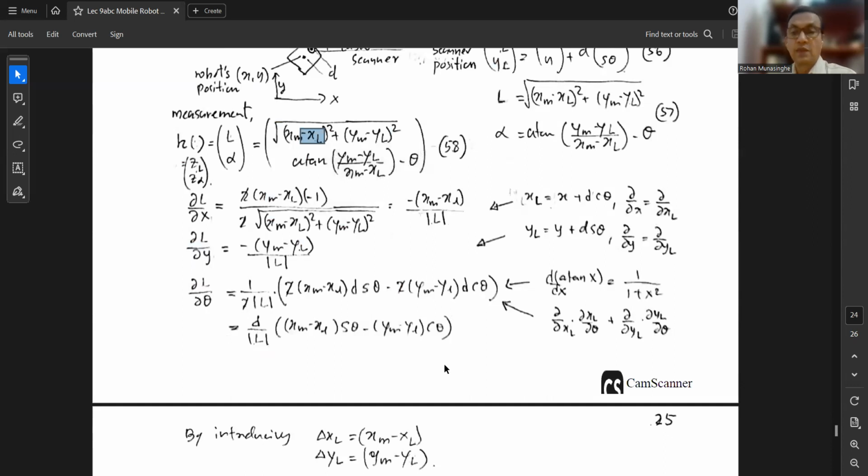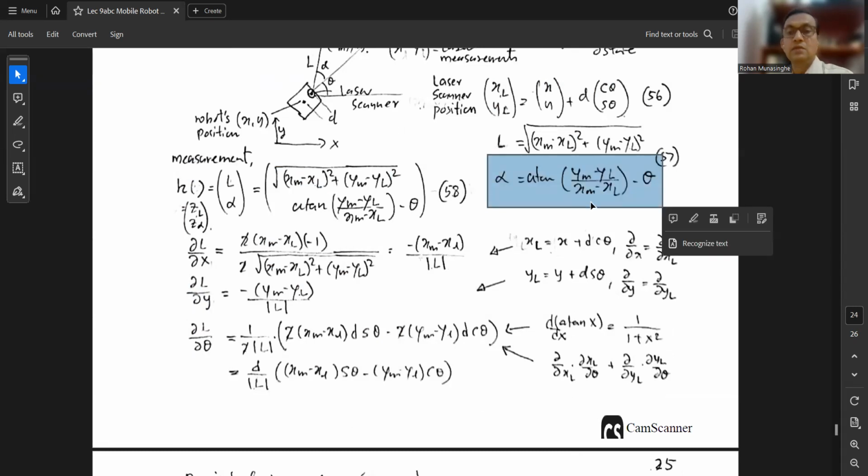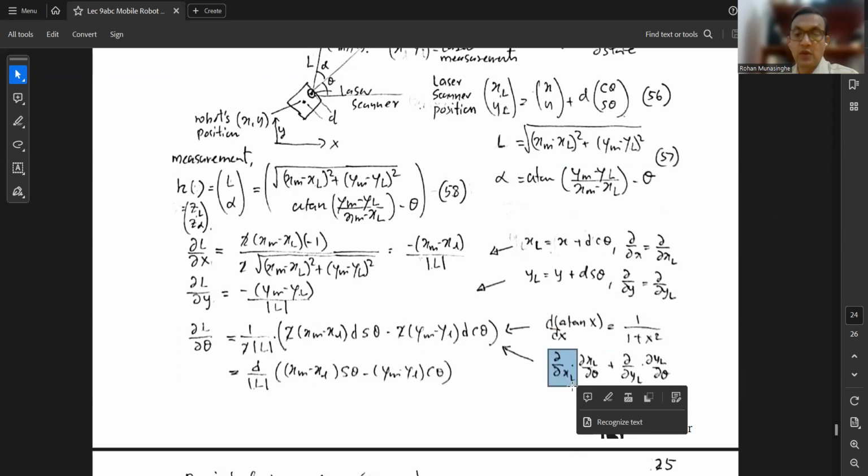All right. And also, you have to differentiate this one also, right? Arctan of this quantity minus theta. So you need to know what is the differentiation of an arctangent. You can see it over here. Arctan x with respect to x is 1 over 1 plus x squared. Use that one. And also, as I said earlier, you can first differentiate with respect to XL and then differentiate XL with respect to theta, right?